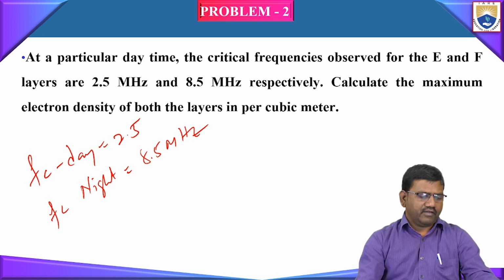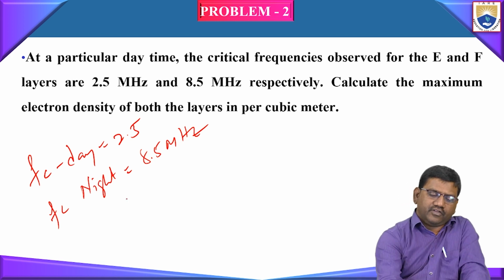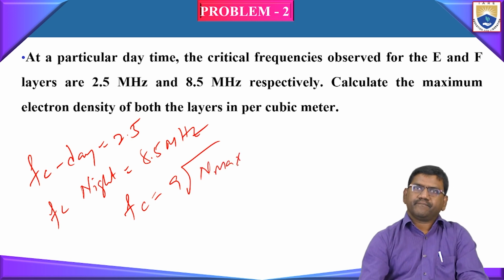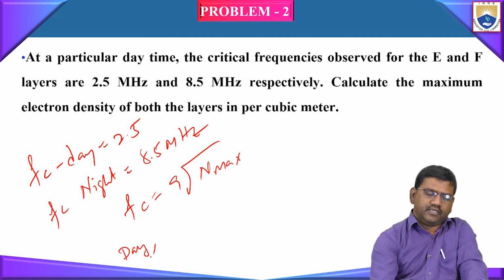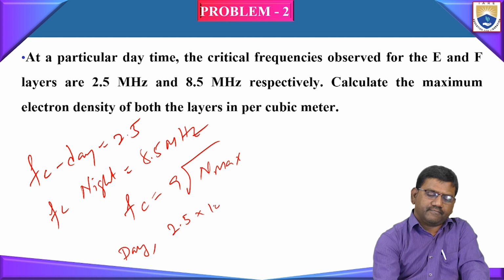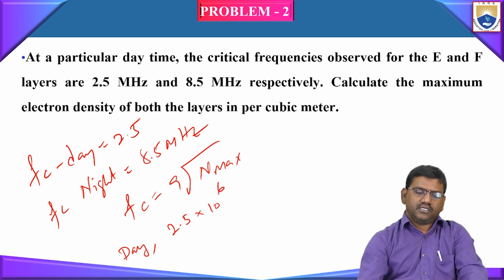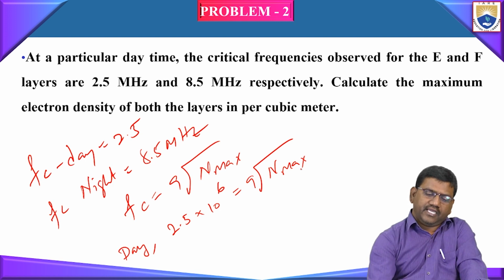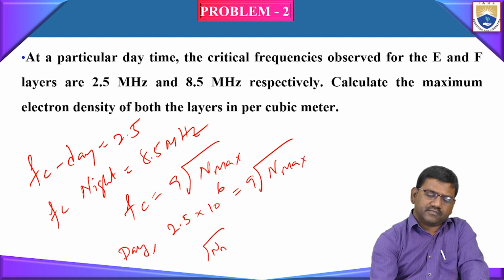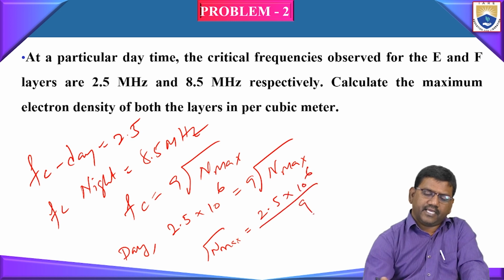Let us calculate the values by applying the formula. We know that Fc is equal to 9 root N max. For the E layer, the Fc value is given as 2.5 into 10 power 6, which is equal to 9 root N max. Taking 9 to the left hand side, root N max is equal to 2.5 into 10 power 6 by 9.